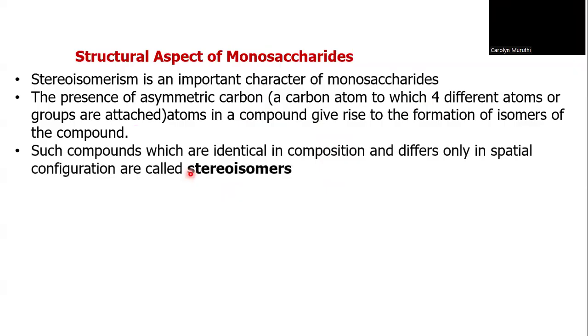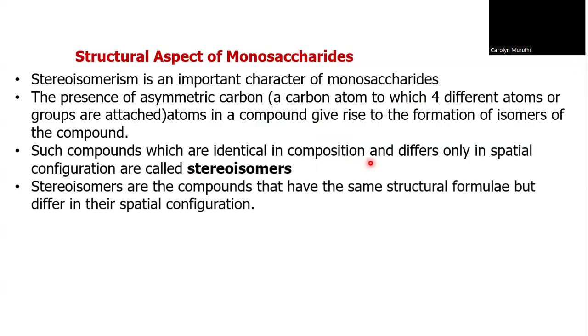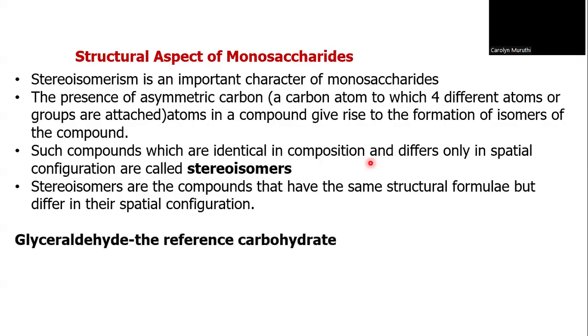Such compounds will have the same composition, but will differ in the spatial configuration. So we can say stereoisomers are compounds that have the same structural formula, but differ in their spatial configuration. When you talk about spatial configuration, this is a fixed 3-dimensional arrangement of a particular compound's atoms in space. Now, it is crucial because it determines how a molecule behaves and how it interacts with other molecules in biological systems.